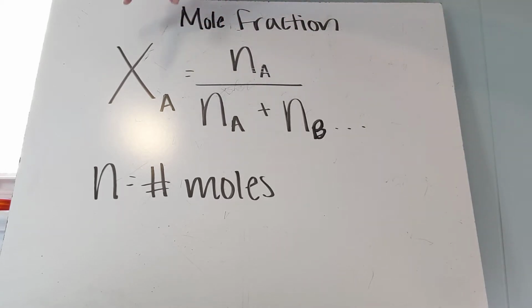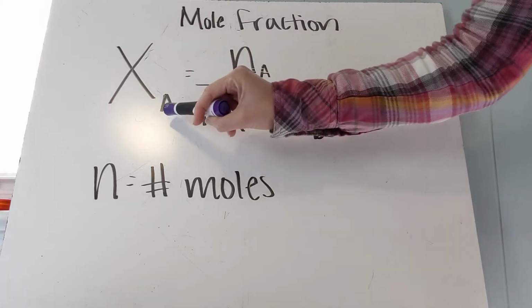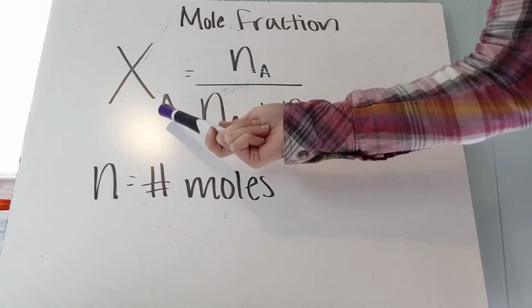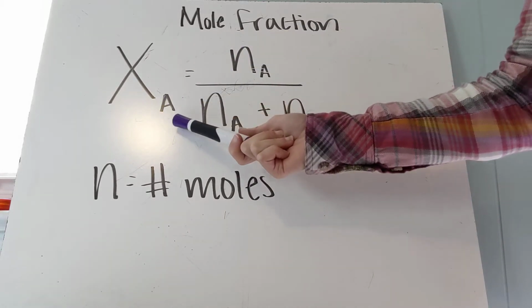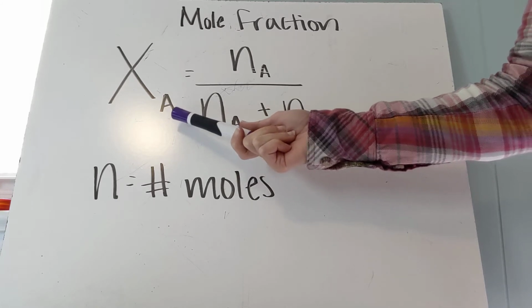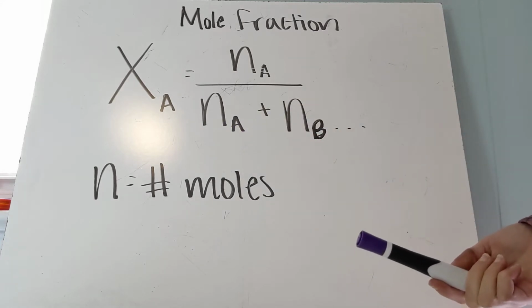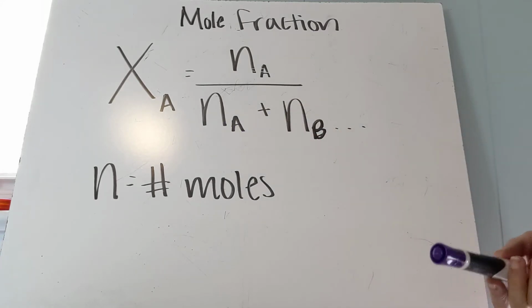Another thing, the mole fraction is represented by an x, and you will be finding x of a particular part of your solution. In this case, I represented x of part A of our solution. A lot of times that would be the solute, but not necessarily.